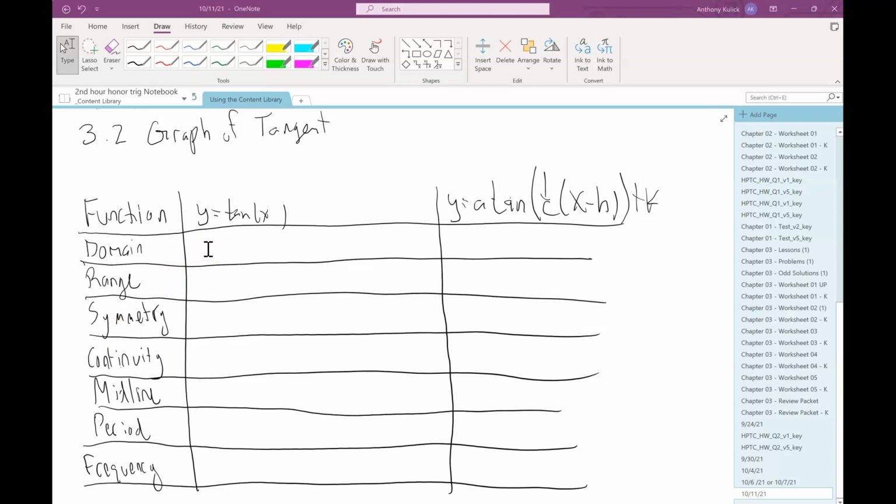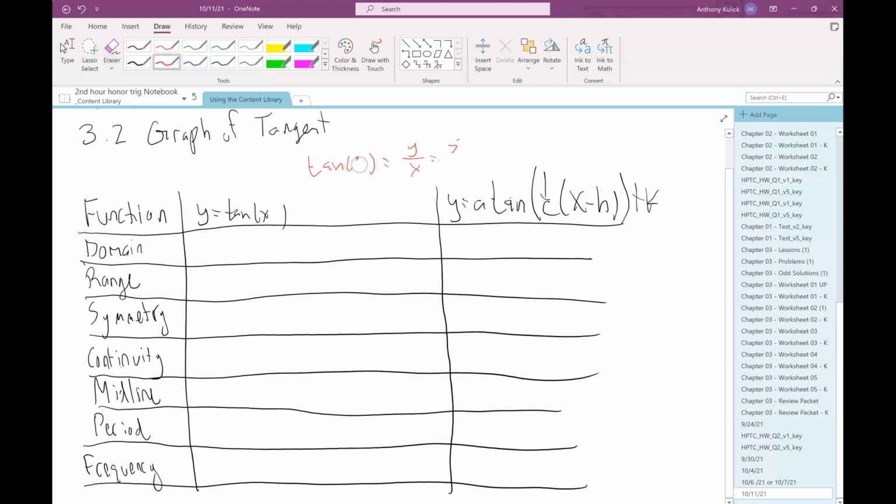So remember that tangent we defined as opposite over adjacent in a right triangle situation. And you'll remember in the unit circle situation we defined it as y over x. And in the unit circle, y was the same as sine.